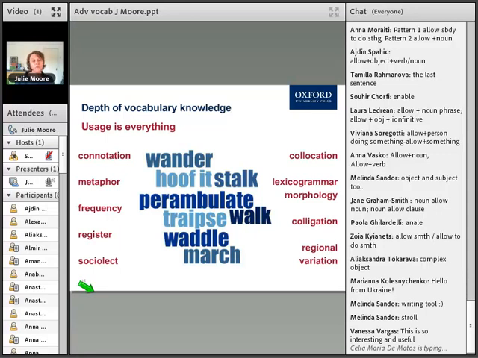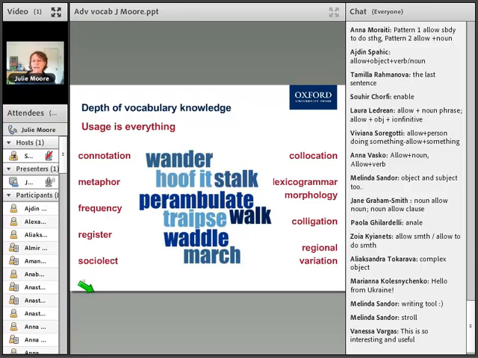And also the morphology, the parts of the words. For example, can I add -er to the end of these words in order to describe a person? So we can have a walker, we can have a marcher. Can we have a waddler or a traipser? Probably not. We can definitely have a stalker. So understanding how the parts of words work and what's possible and what's not.